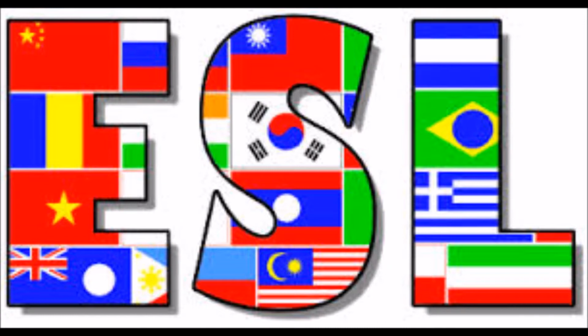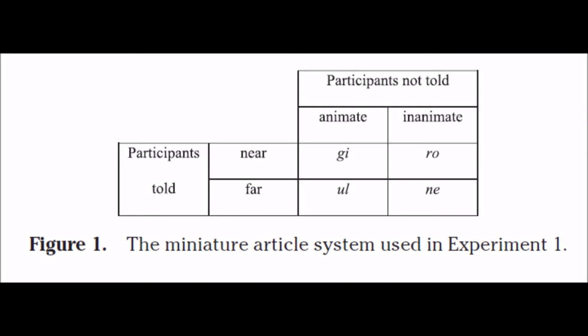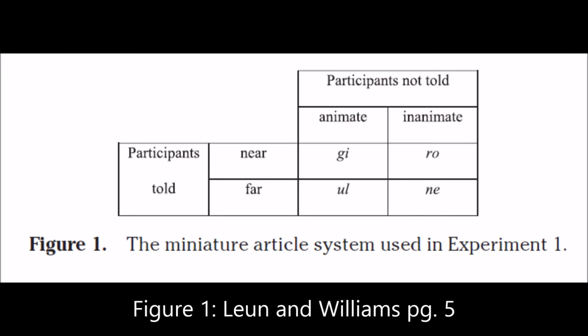Let's look at figure 1 here. It shows a key code box the test subjects used to decode and present animacy with language learning. As you can see, GI equals near and UL equals far. The test subjects were given a subject, a person, place, or thing, and the subject was presented with one of the words from the key code box.